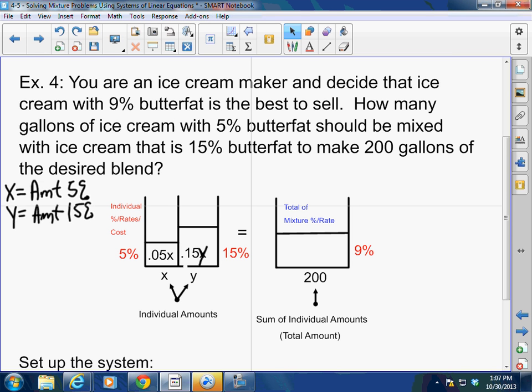So what is the total amount of that? What's 9% times 200, guys? 18. Fill it in, guys. If you don't fill it in, you're not going to get the rhythm of this. If you don't get the rhythm of this, it's going to be extremely difficult at home. Does this make sense to you? Yes, sir.